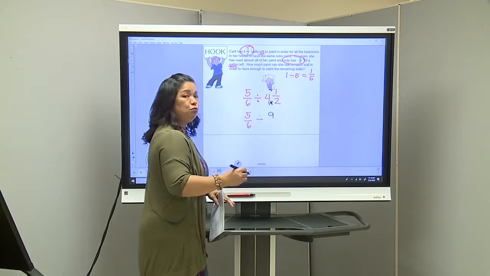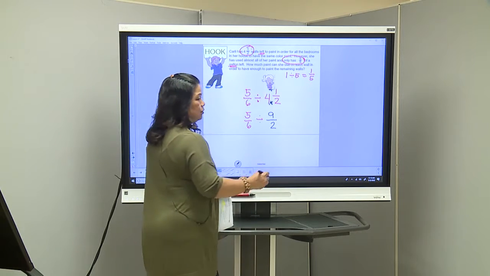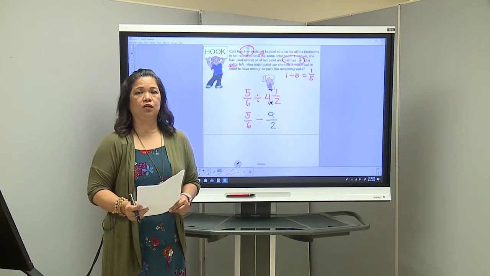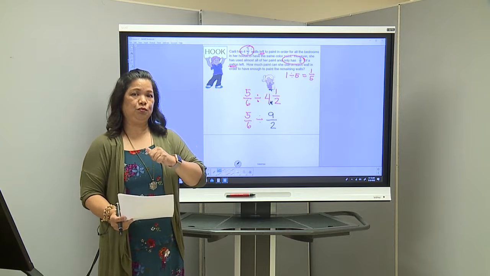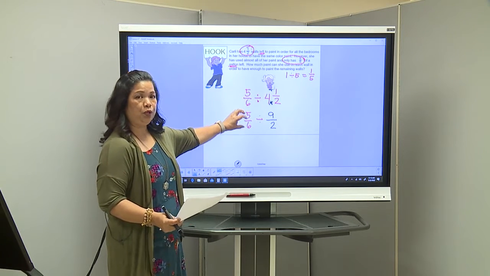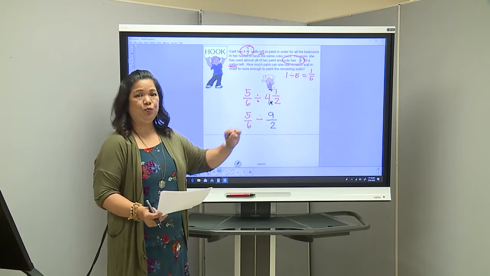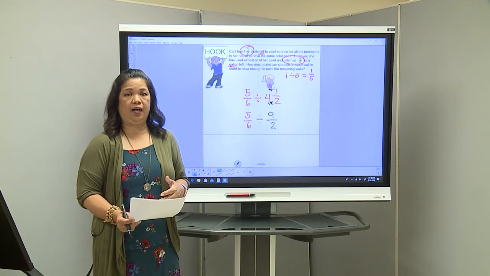So that is your new numerator, and then you keep the same denominator. So that's how to convert from a mixed number to a fraction. Okay? So from the expression, we renamed our mixed number into a fraction. Then we are going to divide.